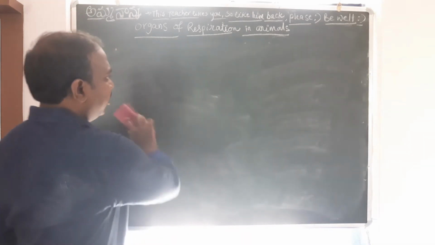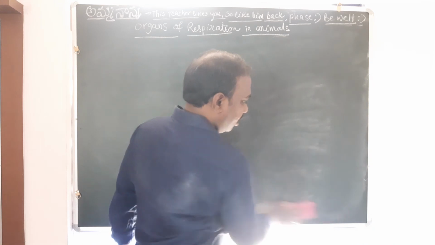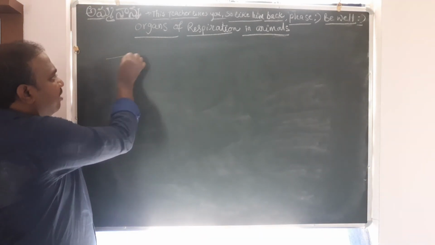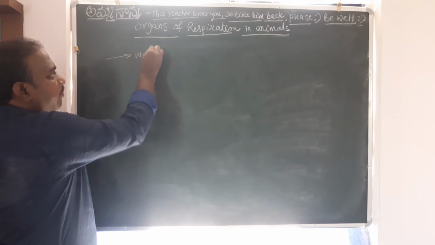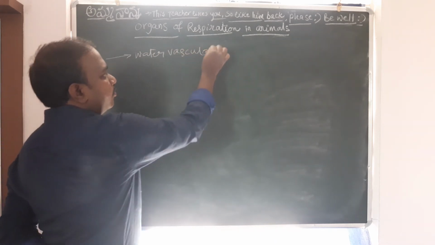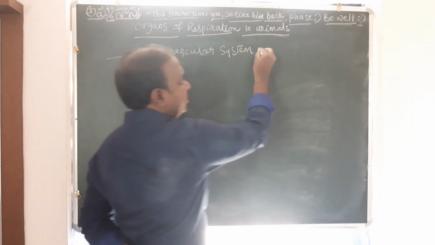So in Echinodermata, respiratory structures are poorly developed because the majority of the animals have a system called the water vascular system.